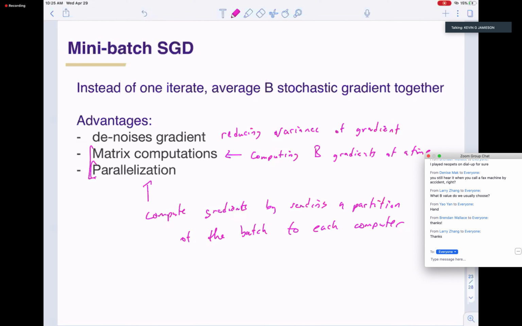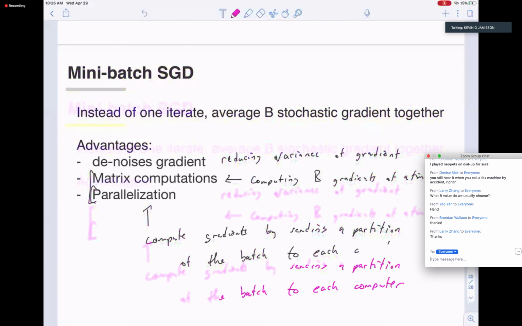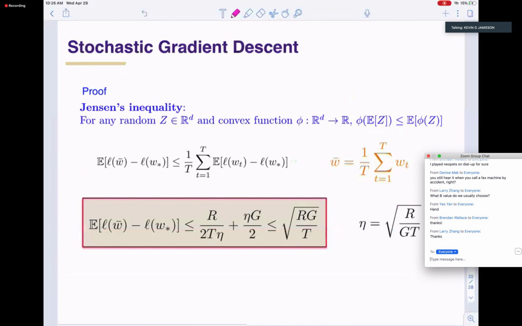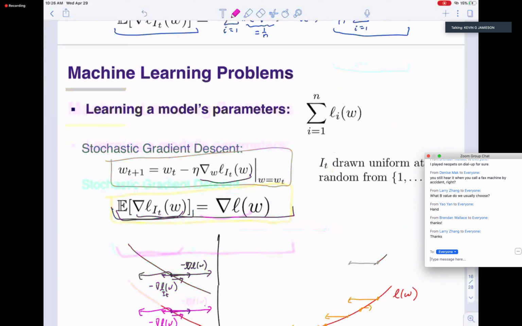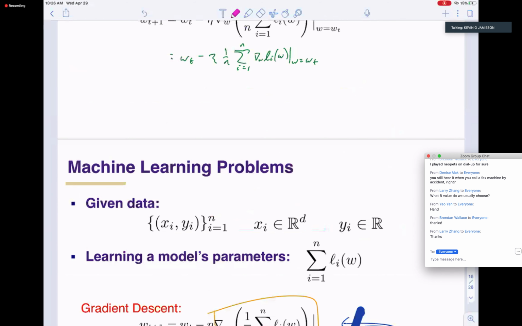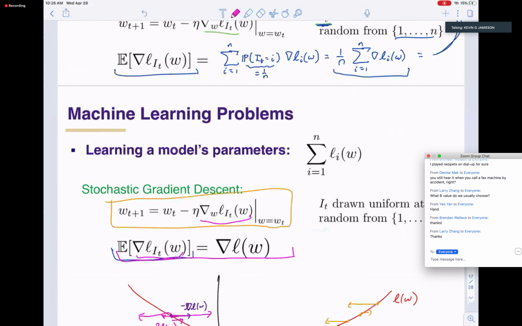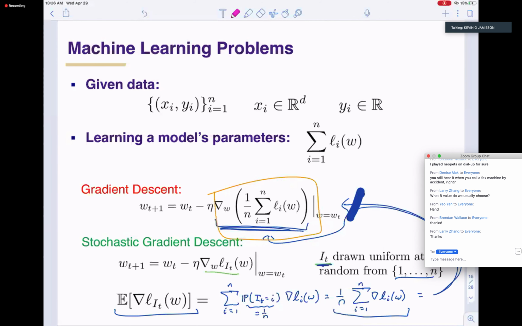You brought up or touched upon a couple of extremely important points. Let's start at the top. Stochastic gradient descent is choosing an i_t uniformly at random and then going like this. In practice, I actually don't recommend this algorithm.